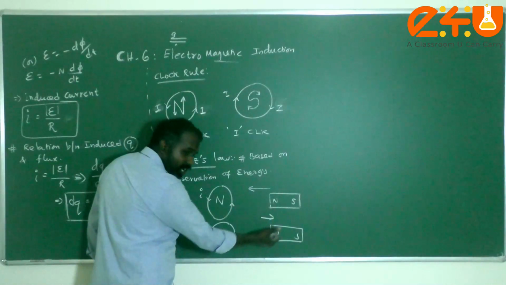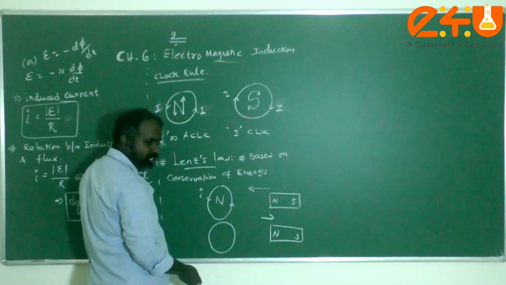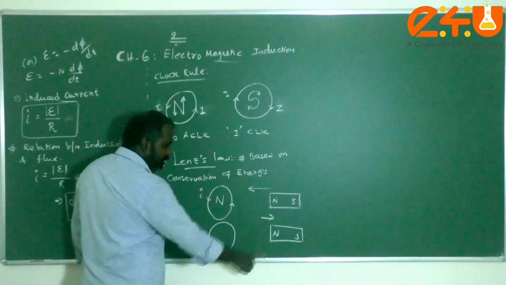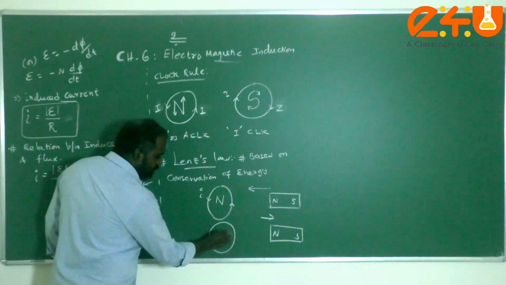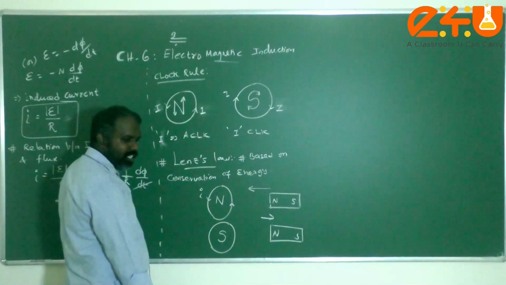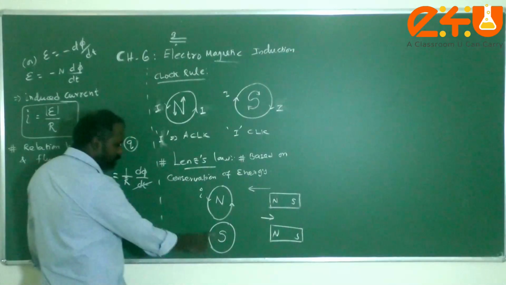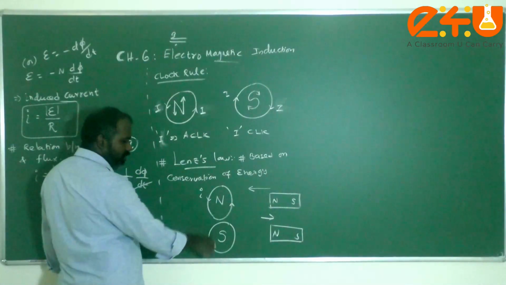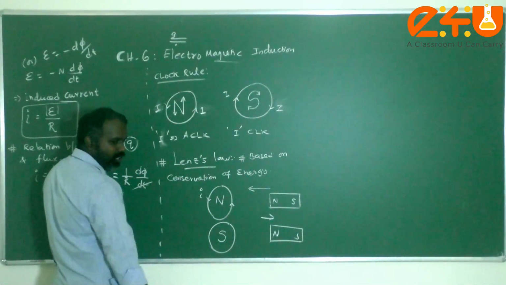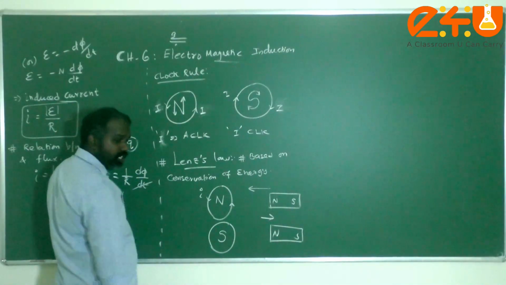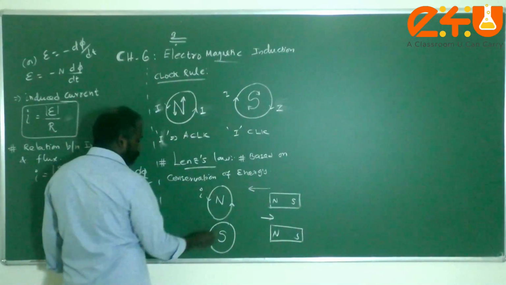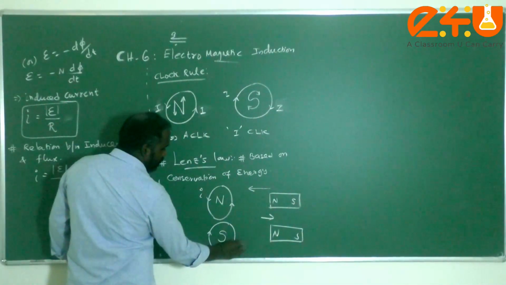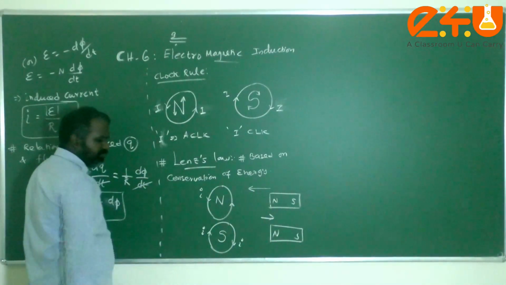That means we have to attract the magnet towards us. So for that reason, if it is the north pole, then the coil should act as the south pole of the magnet. That means the induced current produced in the coil will act as a south pole. So in what direction should that induced current flow? It should flow in the clockwise direction.